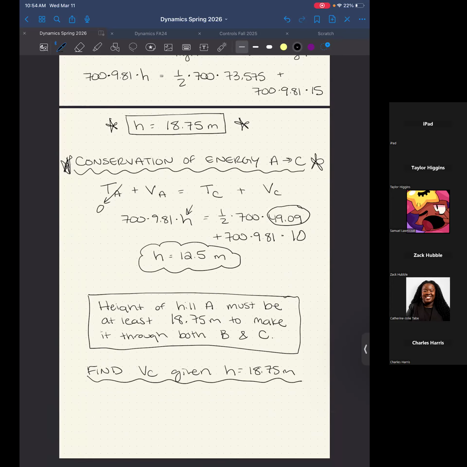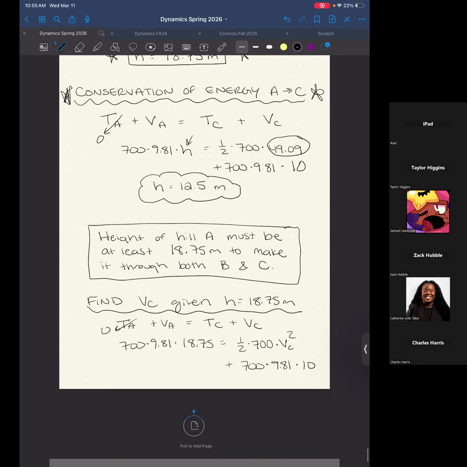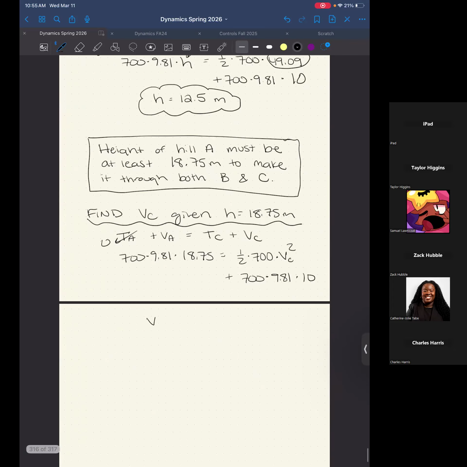So we would have TA plus VA equals TC plus VC. That would still be 0. This would be 700 times 9.81 times 18.75 equals 1/2 mass times VC squared plus 700 times 9.81 times 10. Okay, and we would have solved for VC.